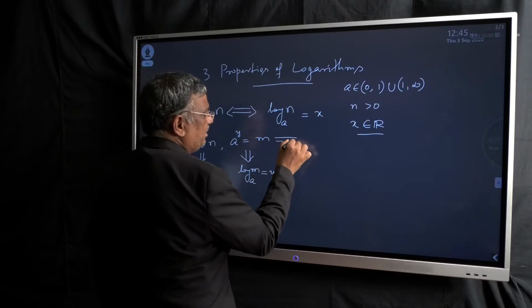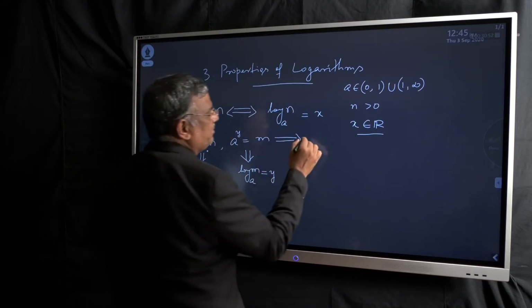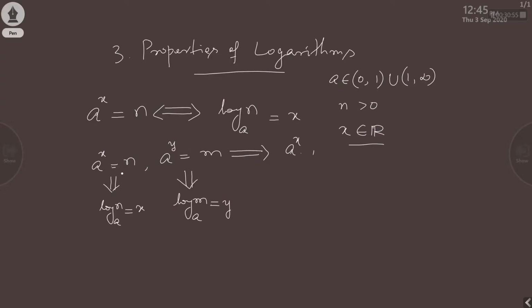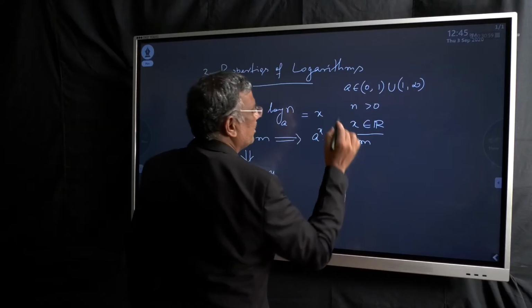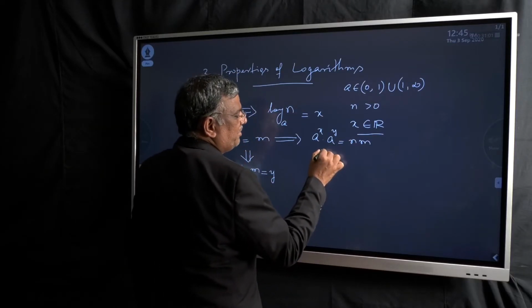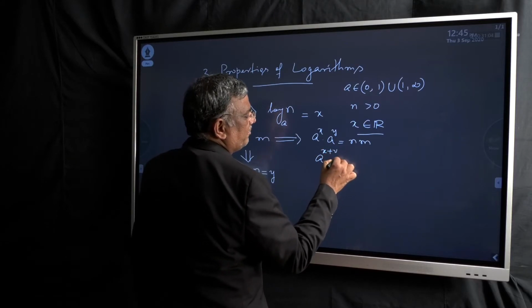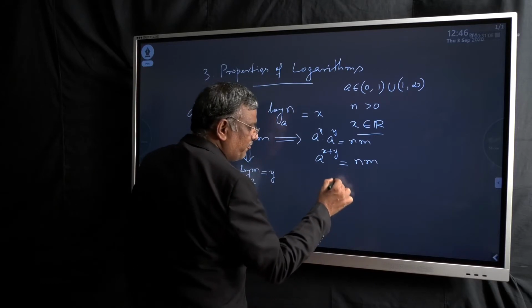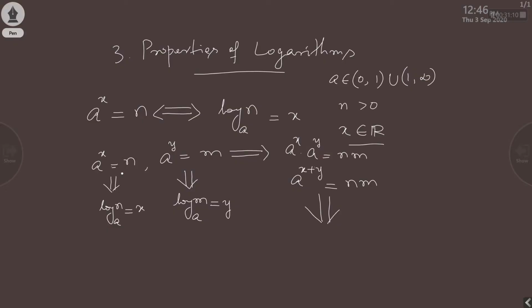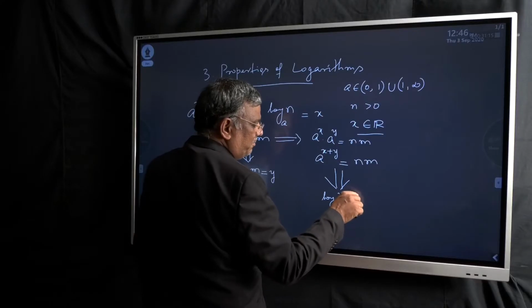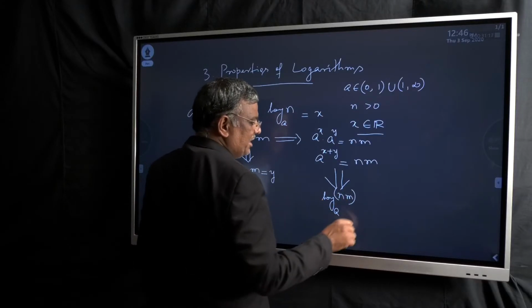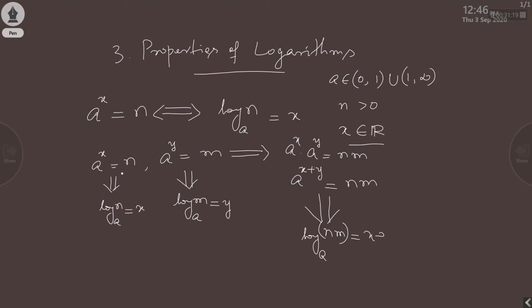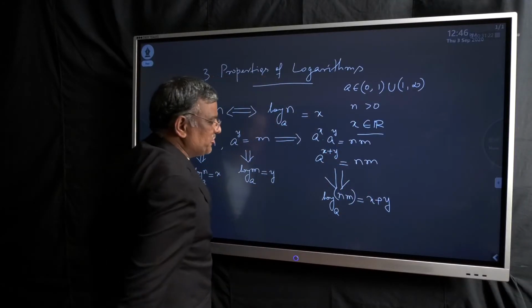Then multiplying, a power x into a power y is equal to n into m, that is a power x plus y is equal to n into m. When you apply the logarithm, the logarithm of nm to the base a is x plus y, from the definition.